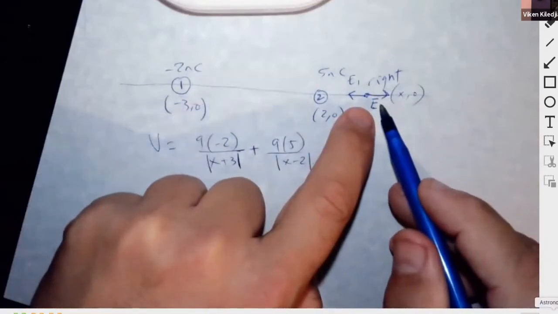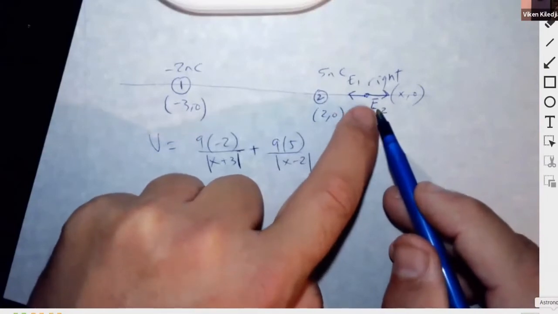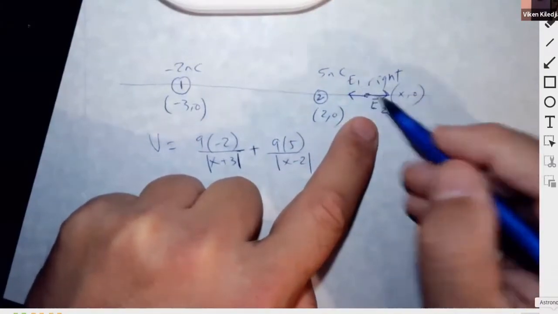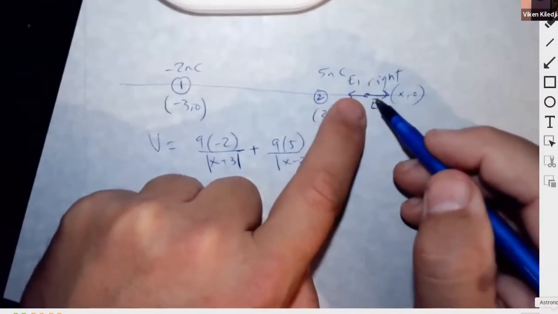So you have to analyze the direction of the E field. If I want to find the total E field in this region, I have to subtract their magnitudes to get the total E.